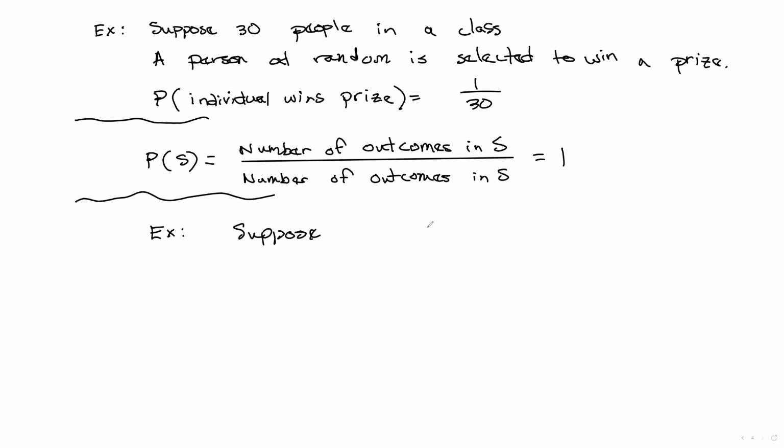Suppose a bowl contains 5 red die, 3 green die, and 2 white die.